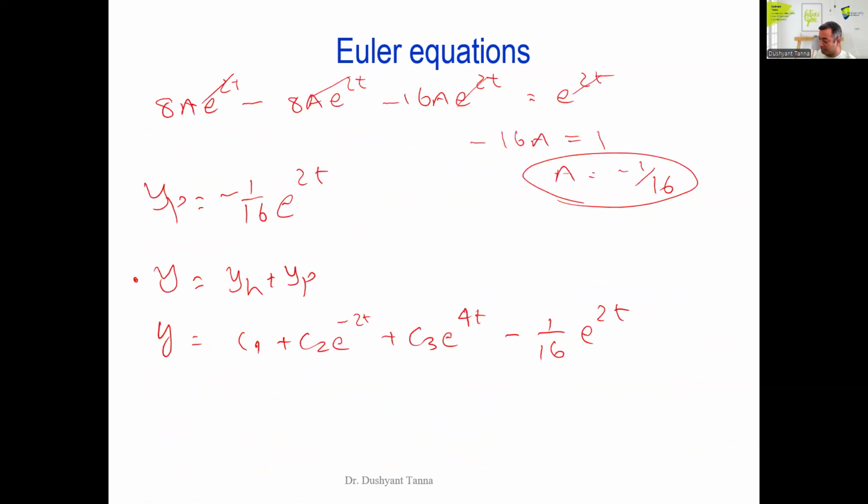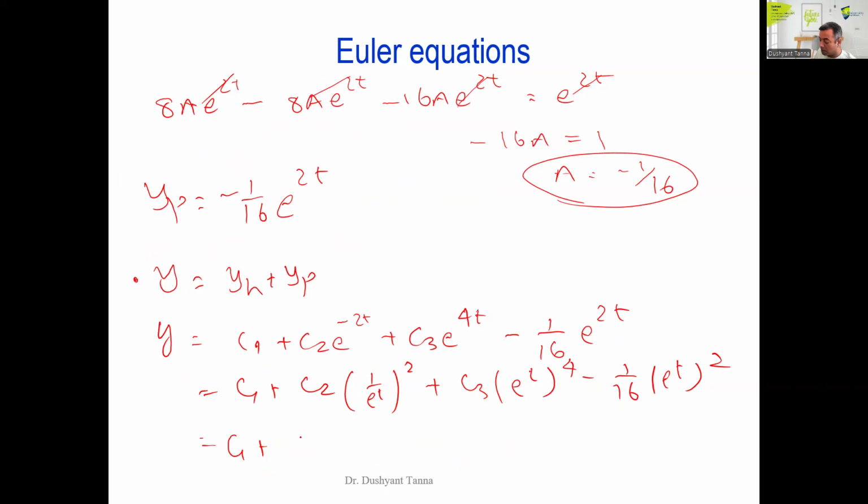e raised to t is x. So how do you write it? e raised to t squared is x squared, e raised to t power 4 is x to the 4. I'm just writing it in a way so your substitution becomes easy. C2, what is this?